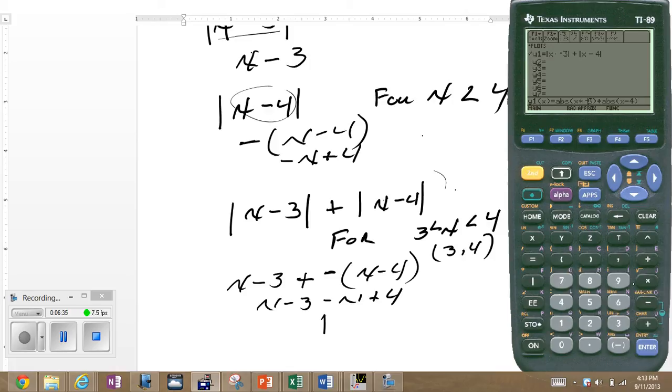I put the opposite key instead of subtraction. So let's correct that. Here we go, and that should do it now. Let's take a look at that graph. Here's the graph, and it looks to go flat. It's not that V shape that we saw in a regular absolute value graph.